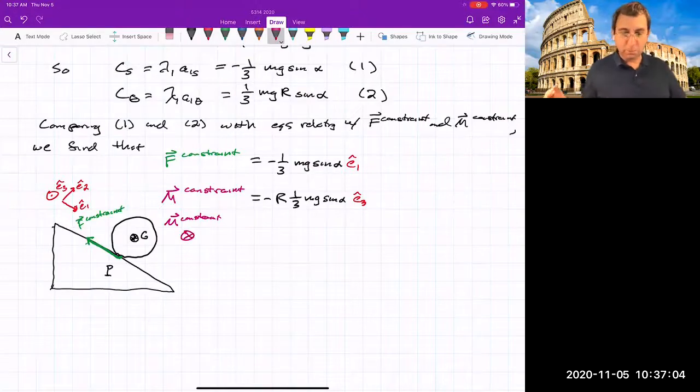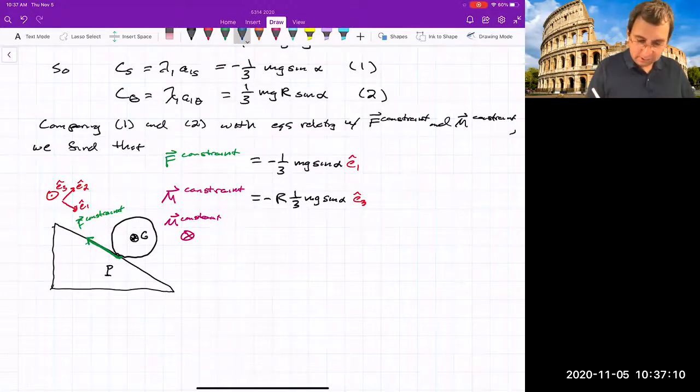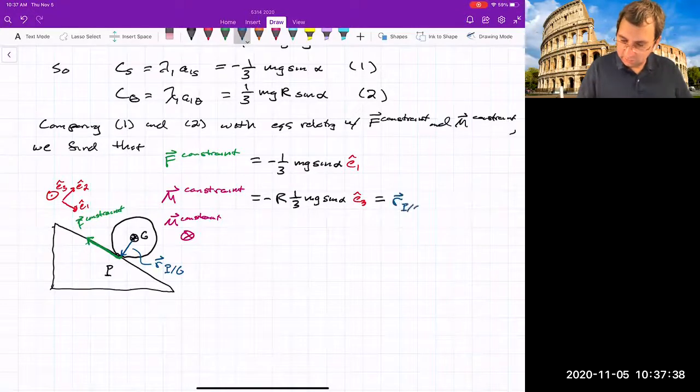Is there another way that we can interpret what the moment of constraint is? Well, yes. The moment of constraint is probably due to the force of constraint. So if we write the location of point P with respect to G, then we could write the moment of constraint is the location where the force is applied, the moment arm, cross the force of constraint.